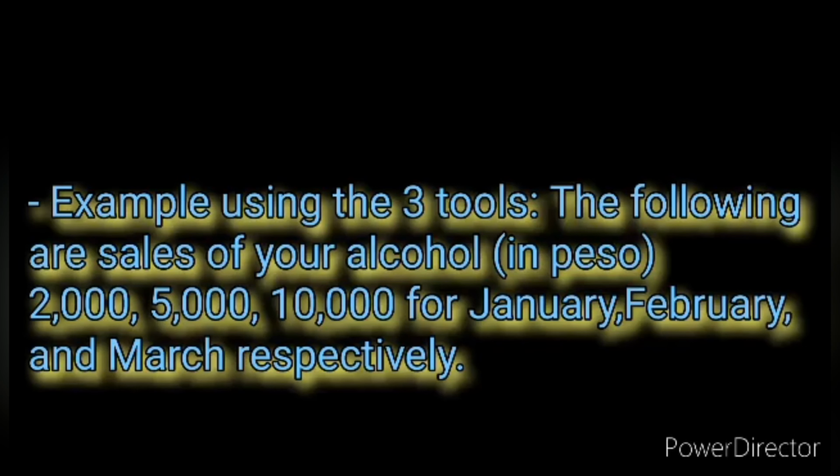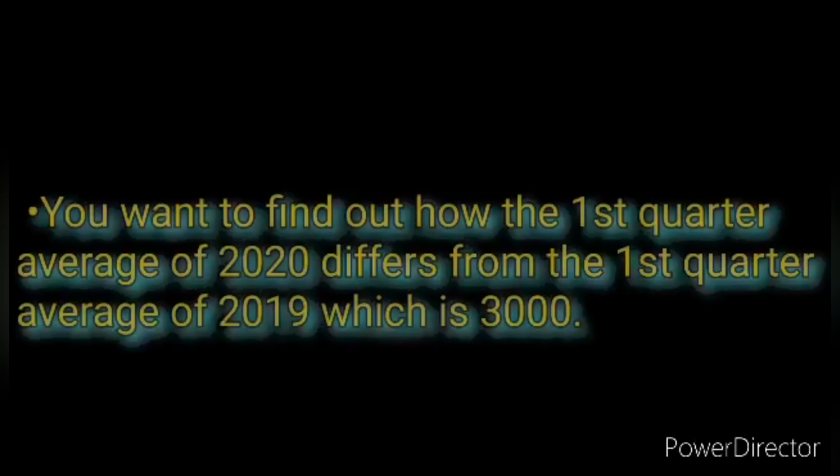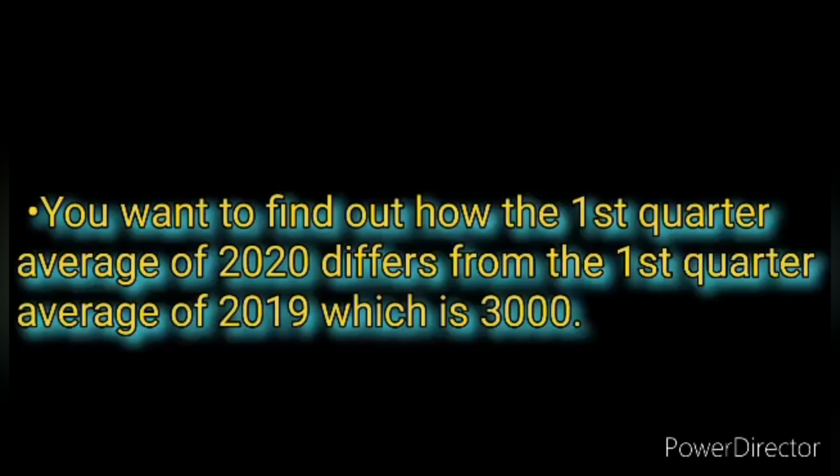Example using the three tools. The following are sales of your alcohol for January, February, and March: 2,000, 5,000, and 10,000. First bullet: you want to find out how the first quarter average of 2020 differs from the first quarter average of 2019, which is 3,000. Second bullet: you have to add all the first quarter months of 2020.